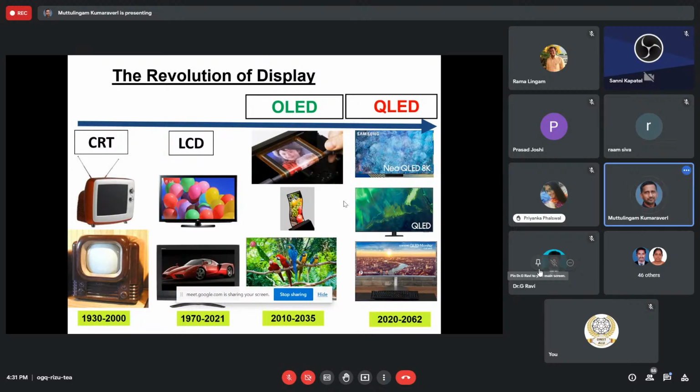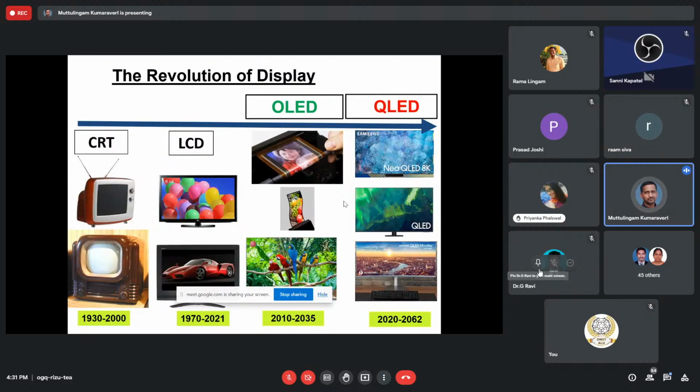It was invented around 2010. They made a prototype television, and some mobile phone displays have been made since 2010. It is very popular now. You can see the color difference between the LCD display and the OLED display.